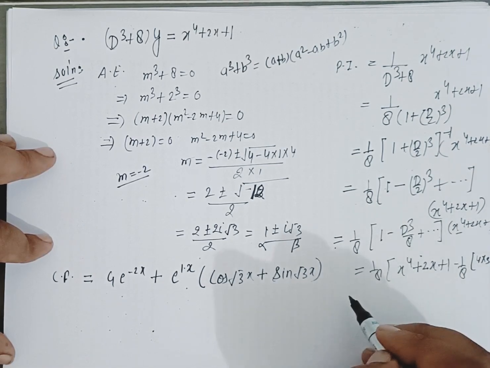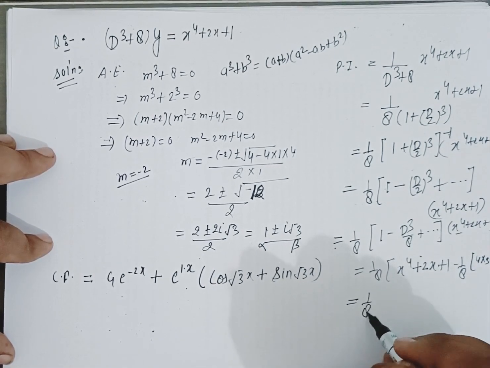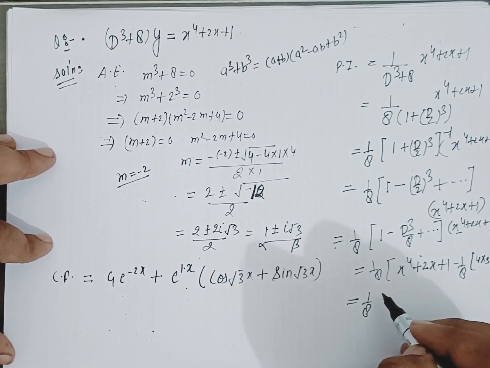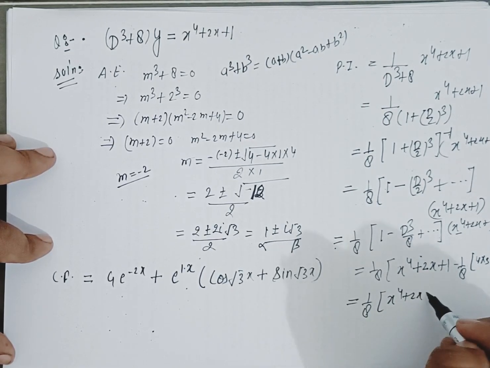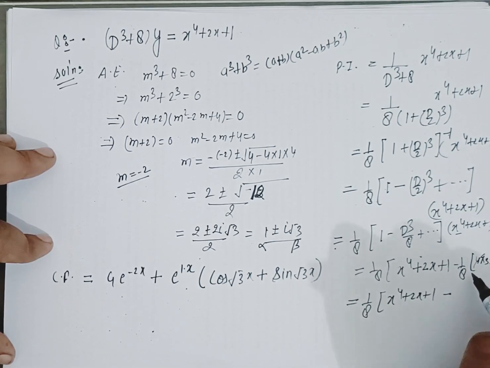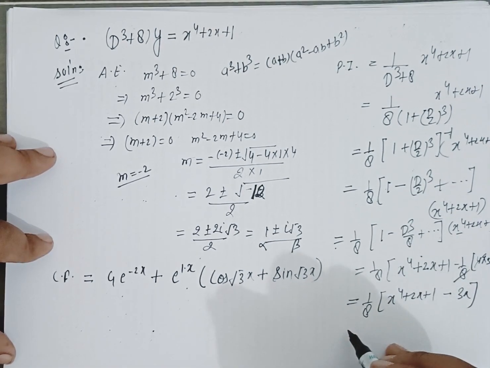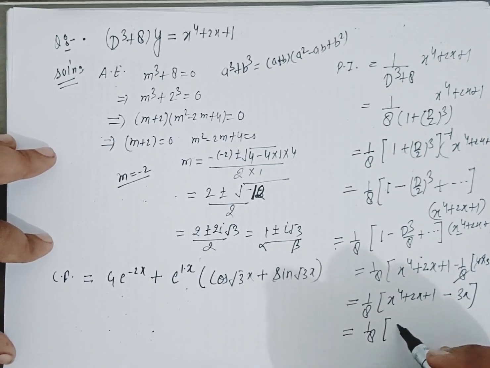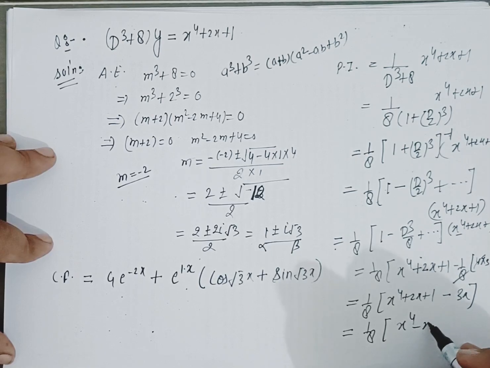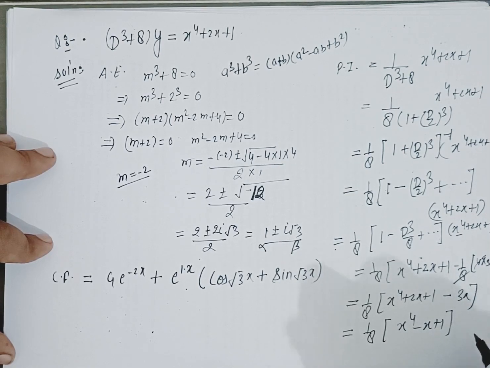So you have 1 upon 8 common, x to the power 4 plus 2x plus 1, and then minus, 24 by 8, so here we have minus 3x. Finally we get 1 by 8, x to the power 4 minus x plus 1. So it is your PI.